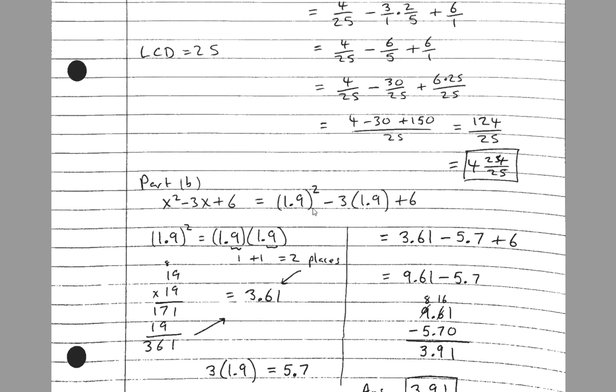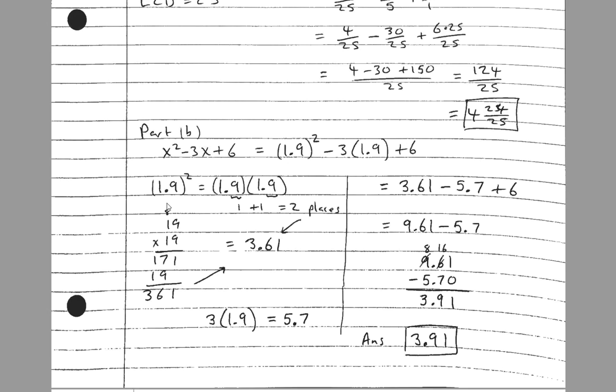So we have 1.9 squared minus 3 times 1.9 plus 6. 1.9 times 1.9. Add the places. So 1 place plus 1 place is 2 places. So the answer should have 2 places. Multiply the whole number pieces. You get 361. And give that 2 places. So 3.61.